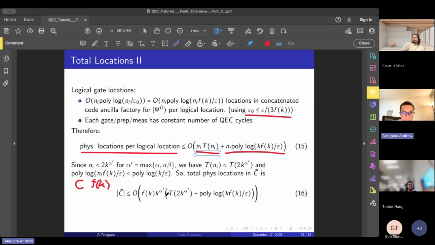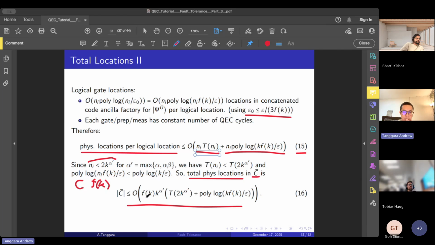So the total number of physical locations in this circuit C tilde is just f of k multiplied by the right-hand side of this equation 15, where I substitute in the n_i's from what we established in the previous slides. So this is bounded by this big function of k.